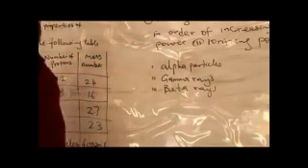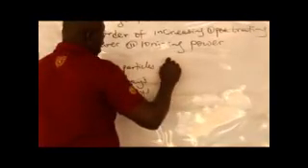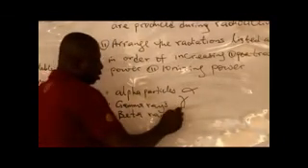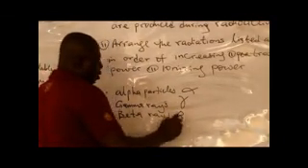Alpha is denoted with alpha like this. Then gamma is denoted with gamma like this, while beta is denoted by an elongated B like this.